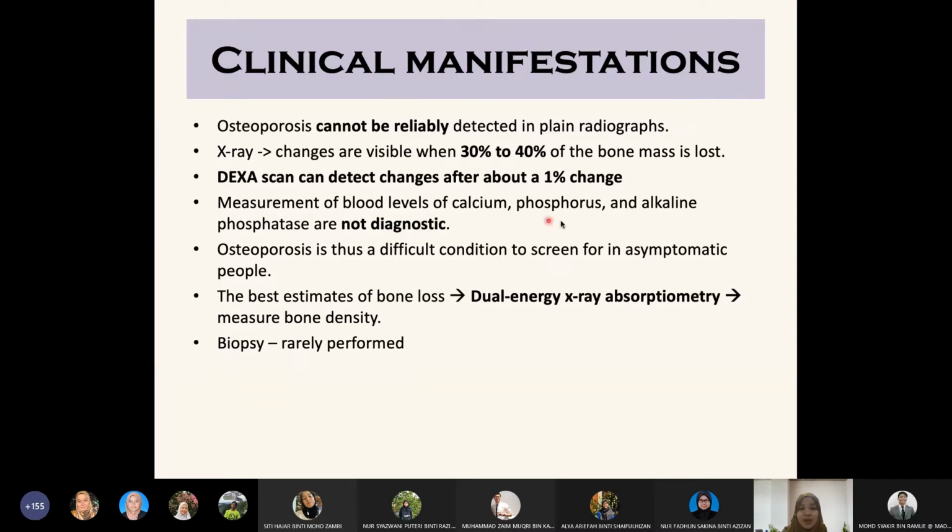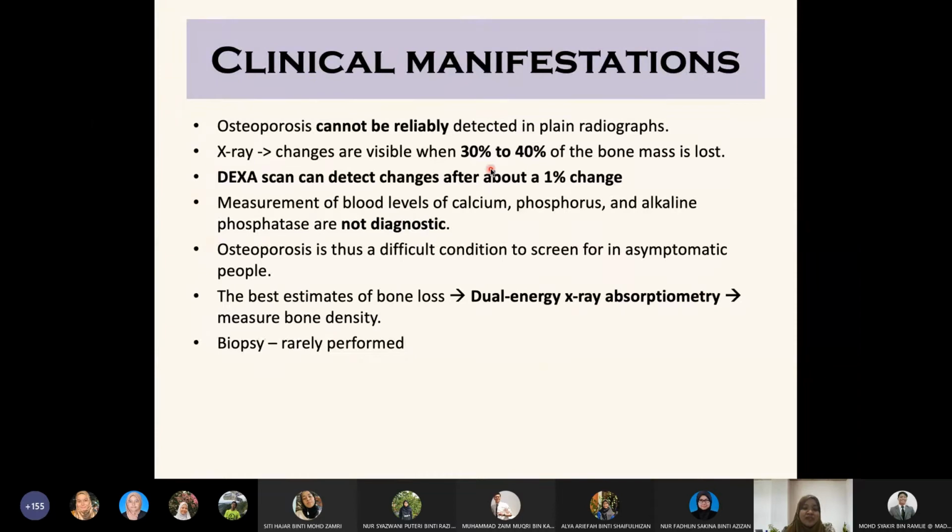They can have normal biochemical investigations, and therefore osteoporosis is quite difficult to screen. We look for the bone loss. To detect osteoporosis, it is the DEXA scan, not the X-ray, okay?